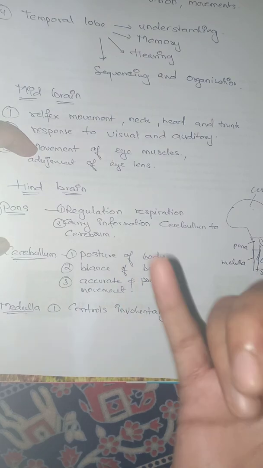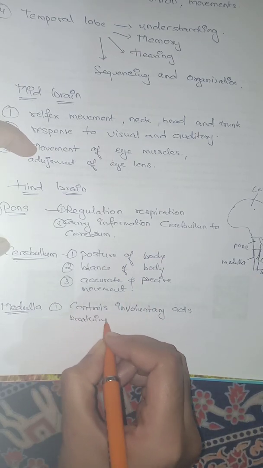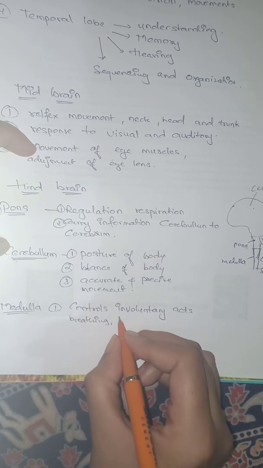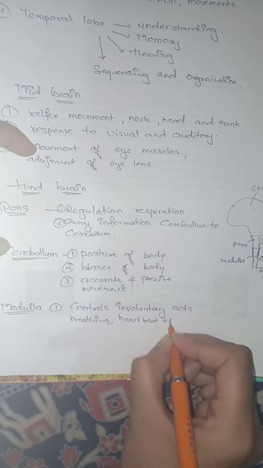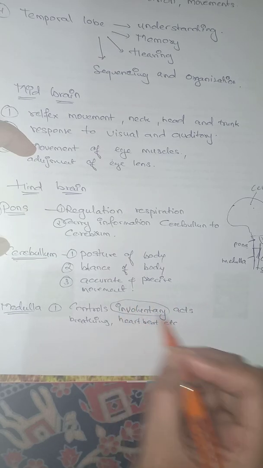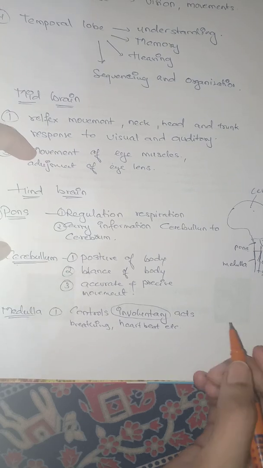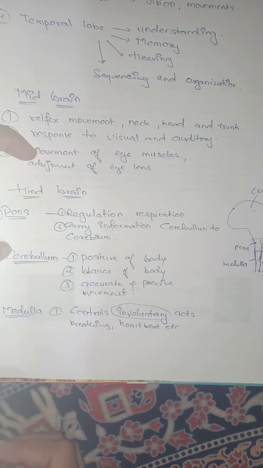For example, breathing and the beating of the heart, that is your heartbeat, and so on. All these involuntary actions are not in your control. You cannot control them. These actions are controlled by your medulla oblongata.